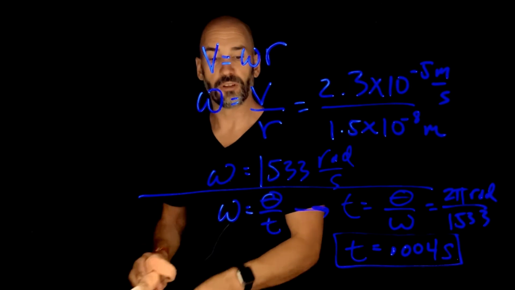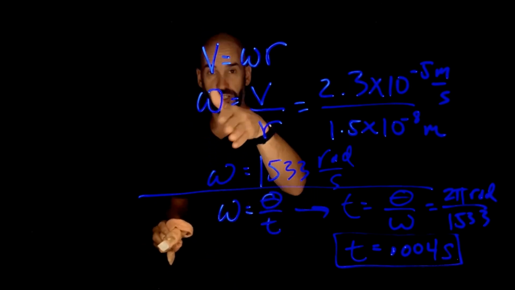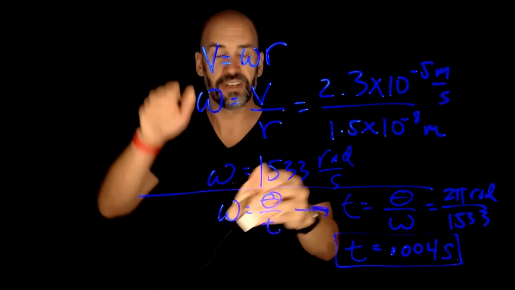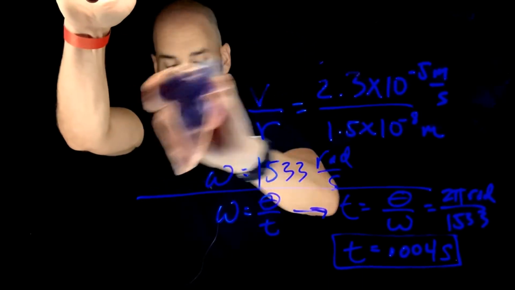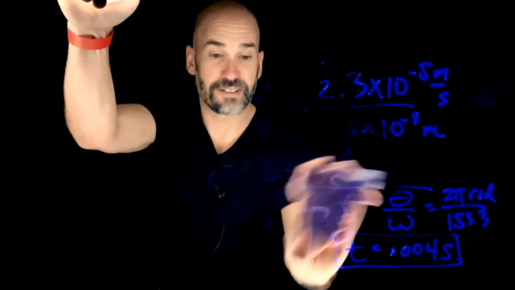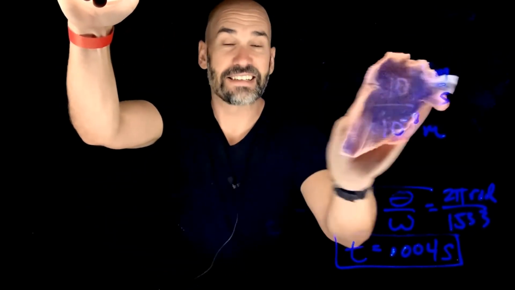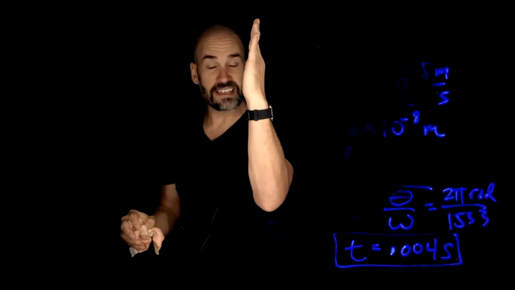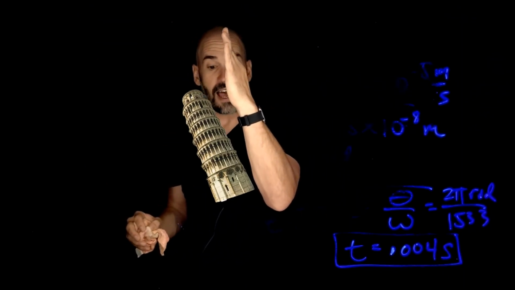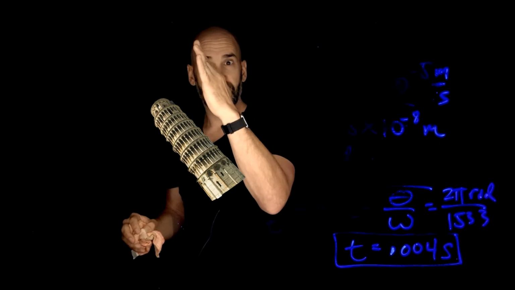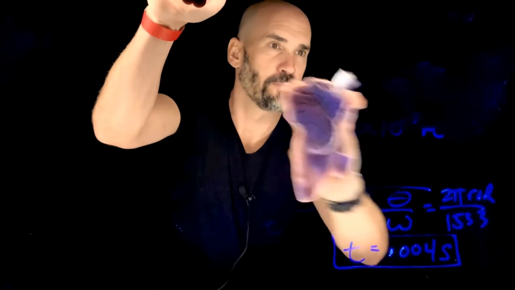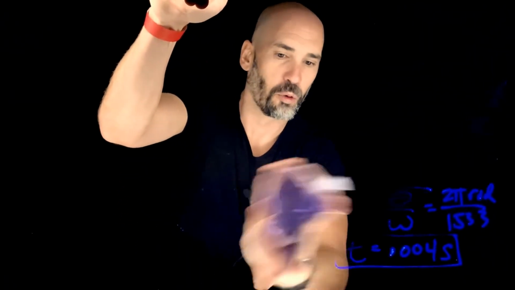Last problem for looking at this conversion between linear and angular variables. I think this is a really fun one, and it's the question of the Tower of Pisa falling, because it's not just stuck at an angle. This thing continues to fall a tiny bit every single year, and we're going to look at that right now.